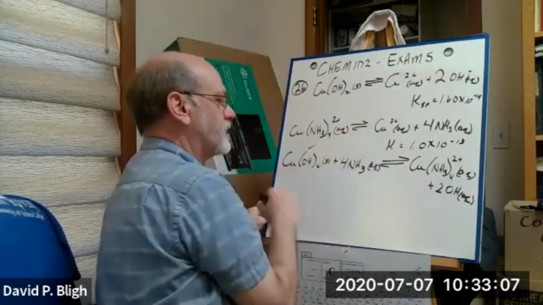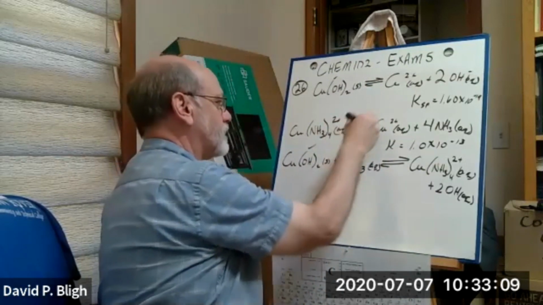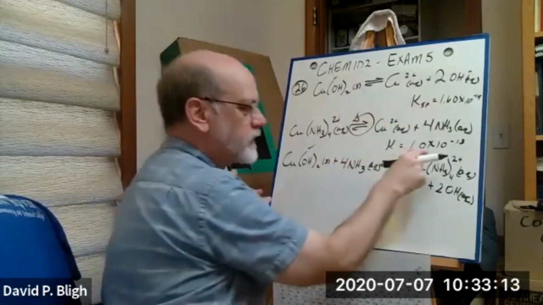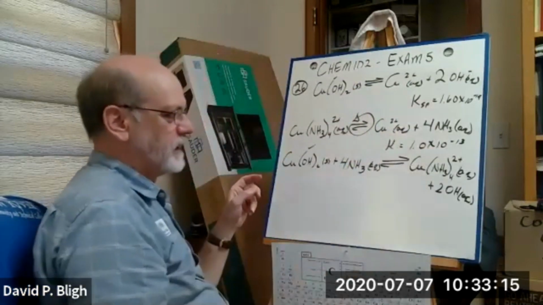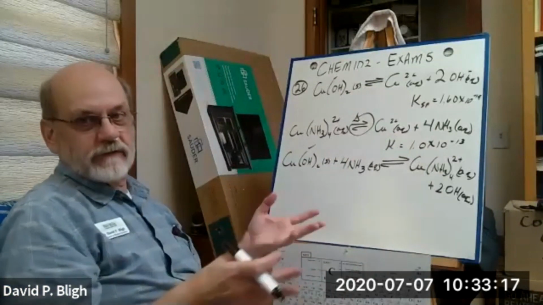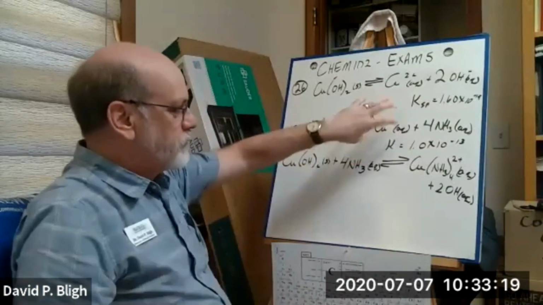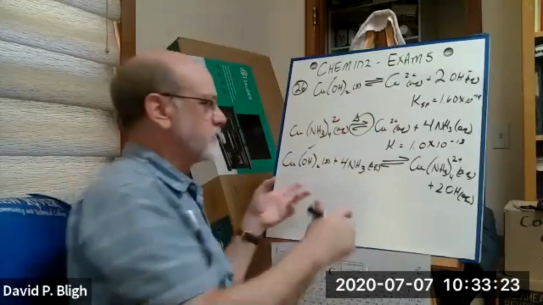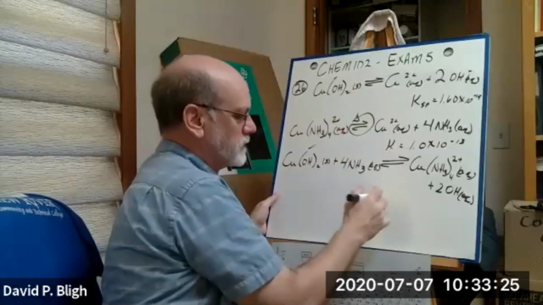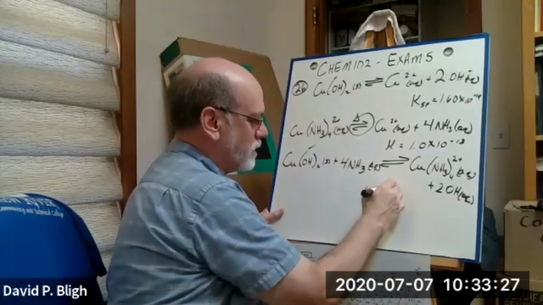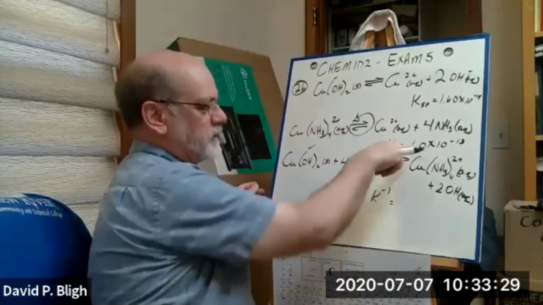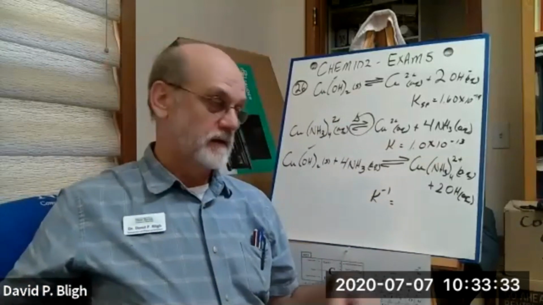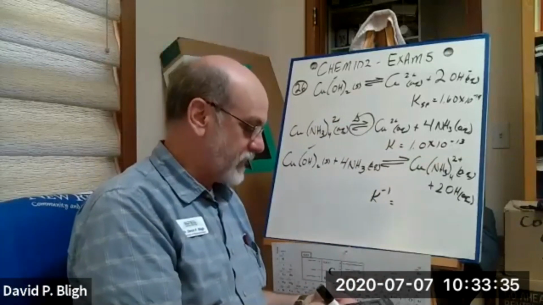If I invert that equation, put this on the other side, what would that do to this value? Well, the K value is just the inversion. If you flip the equation that way, the K is the inverse of that reaction. So what would the inverse of that one be? Just 1 times 10 to the minus 13 divided into 1.